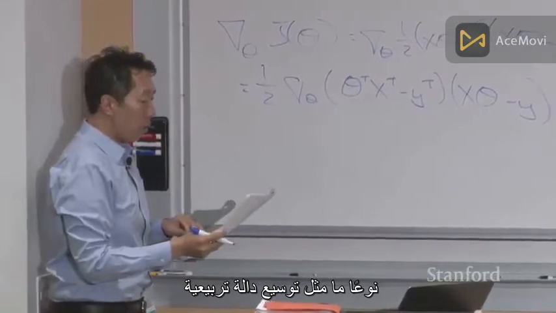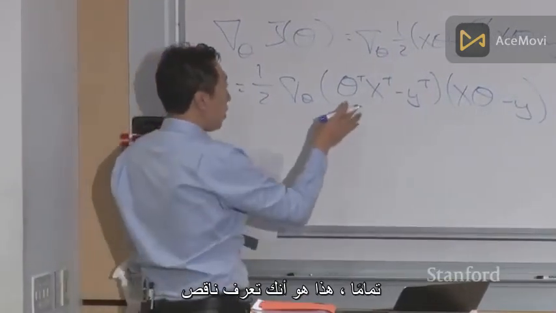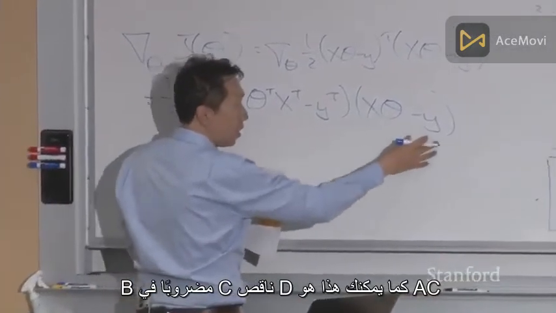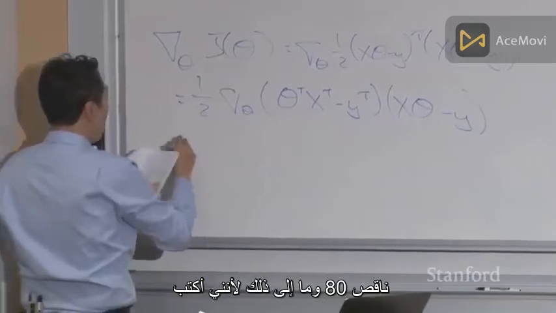And then it's like expanding out a quadratic function, right? A minus b times c minus d is equal to ac minus ad and so on. So I'll just write this out.